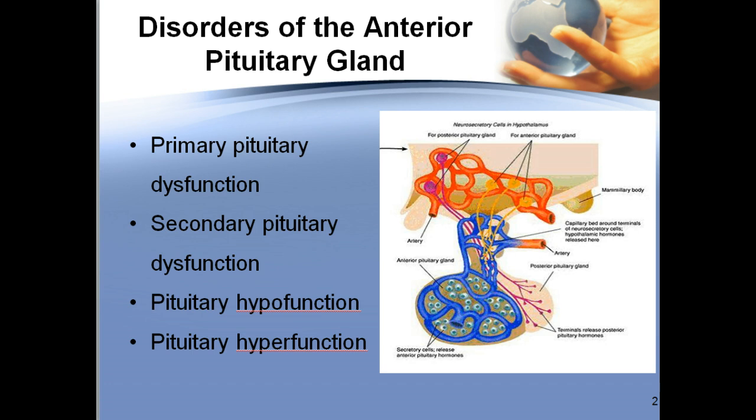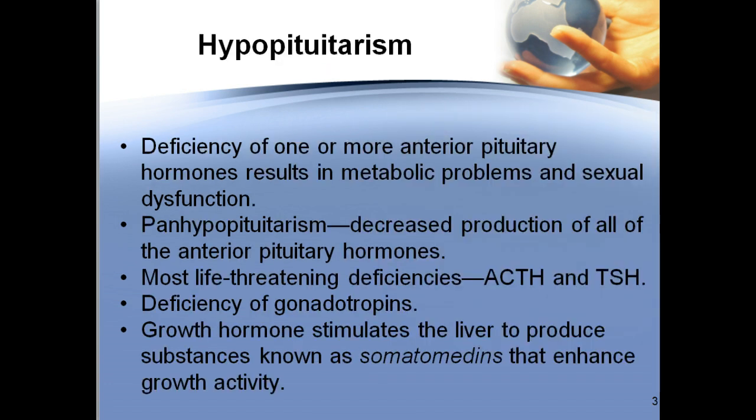So a person that has, for instance, hypopituitarism has a deficiency of one or more anterior pituitary hormones, and it results in metabolic problems and sexual dysfunction.